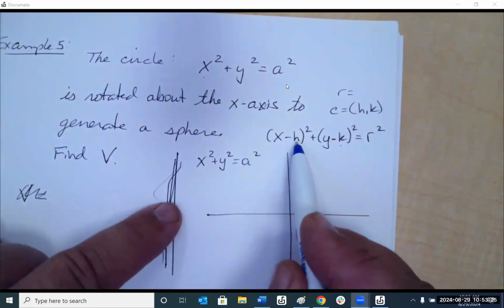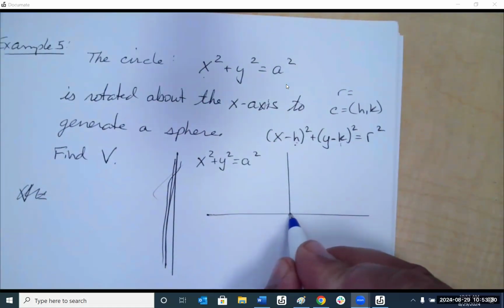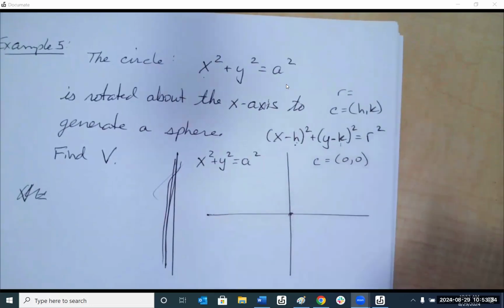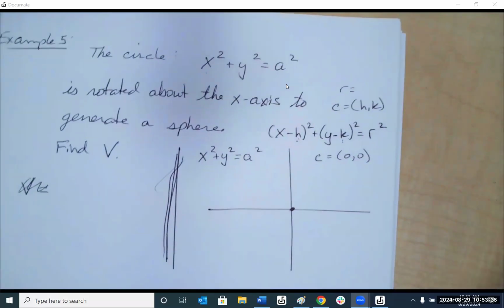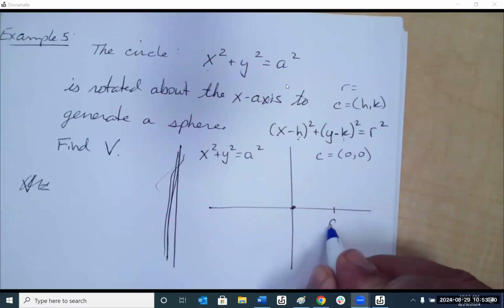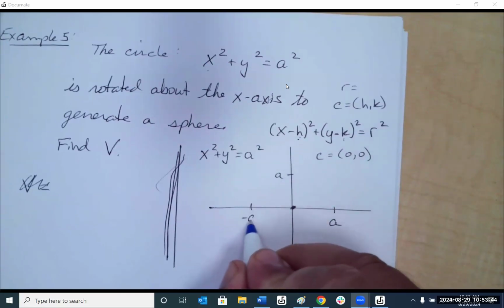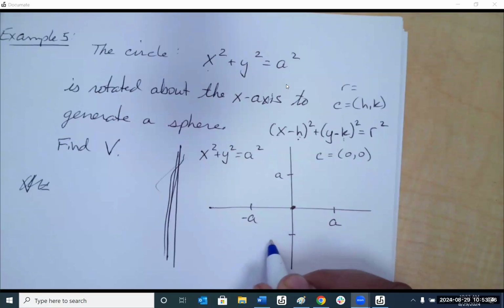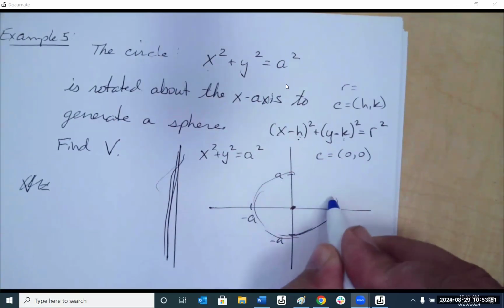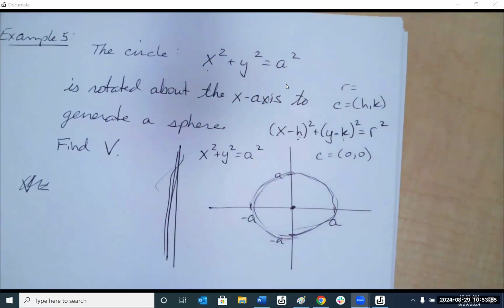Because if this is 0 and that's 0, all we have is x squared plus y squared. So the center is at 0, 0, and the radius is some value a. So there is our circle.